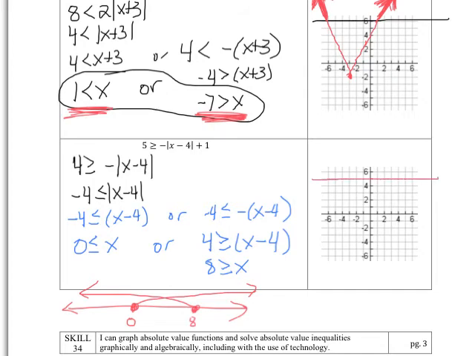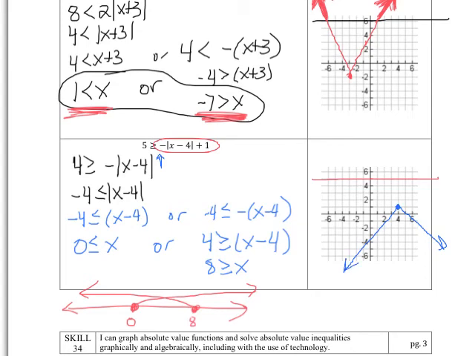And then we want to graph our absolute value function, which has been shifted to the right 4 and up 1. So we go to the right 4 and up 1. And then we also have a reflection, so this tells us it's going to open downward. So we draw the graph opening downward.